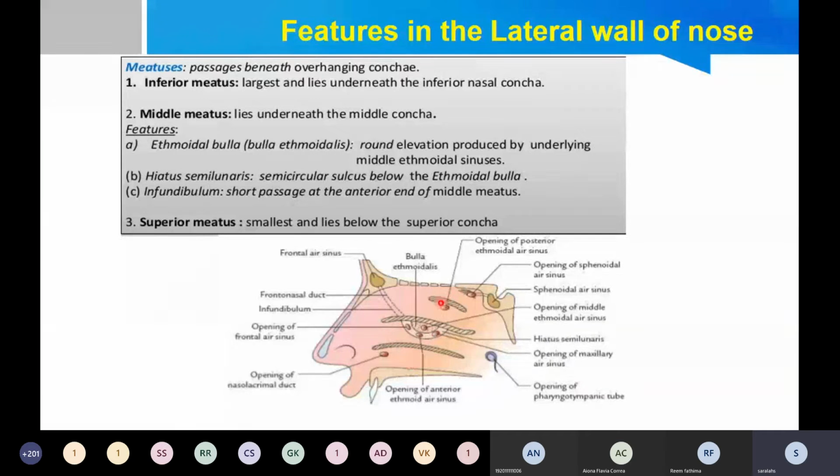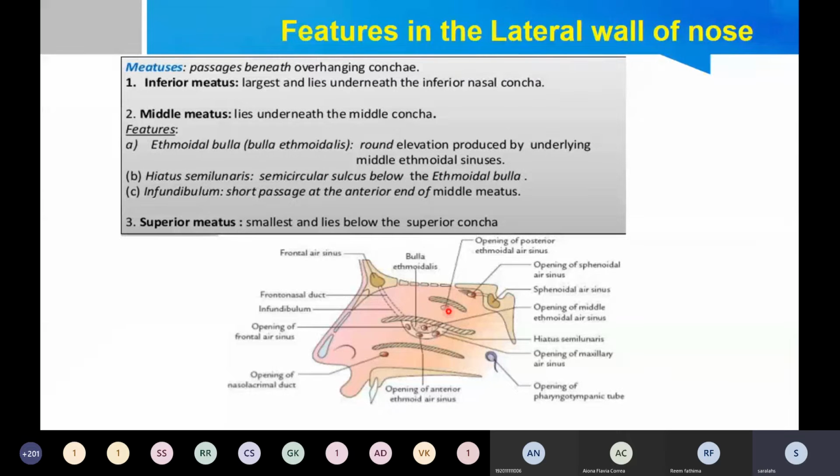We will observe some features here. First feature is the sphenoethmoidal recess, and then the superior concha and superior meatus. Here, the sphenoidal air sinus is opening into the sphenoethmoidal recess. This is called the recess, and this is the sphenoidal air sinus which is opening into it.